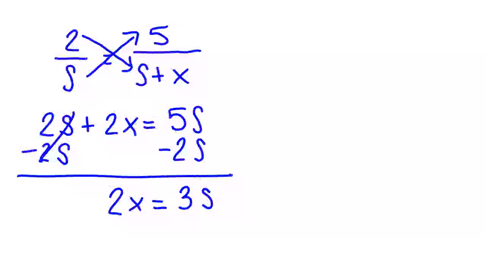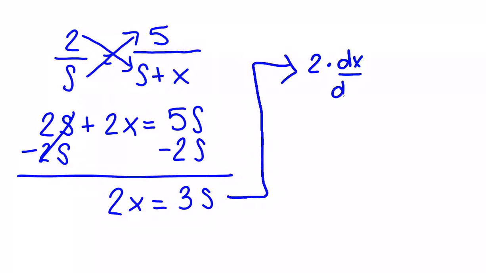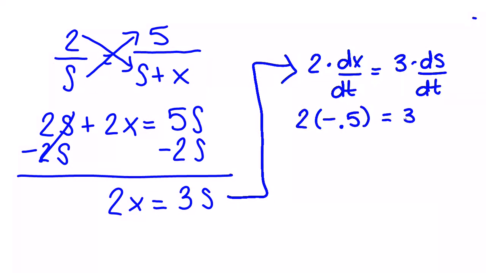Let's take the derivative of this. 2 times dx over dt is equal to 3 times ds over dt. They told us that dx over dt is negative 0.5, so that's 2 times negative 0.5 equals 3 times ds over dt.